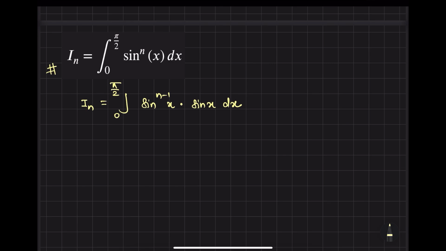Now we select one function as the first function and the other as the second function. We consider as first function the one whose differentiation is easy, and as second function the one whose integration is easy.